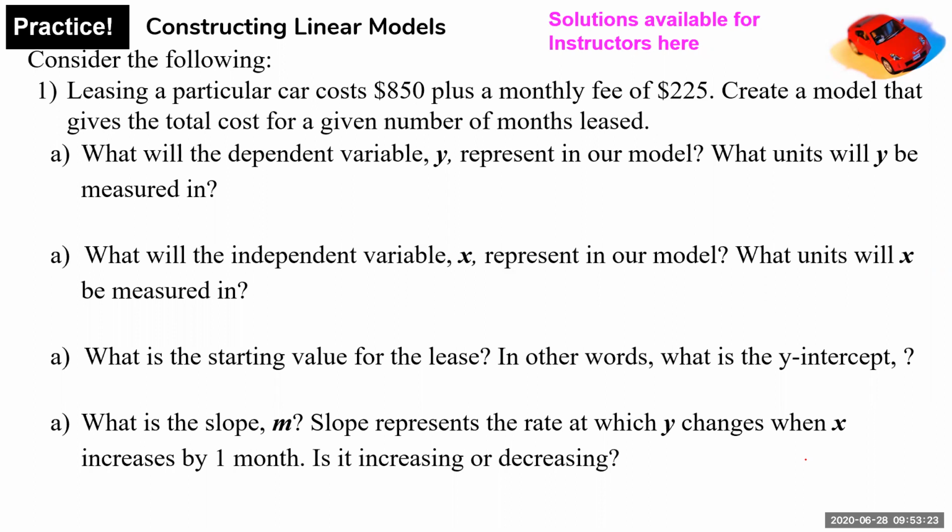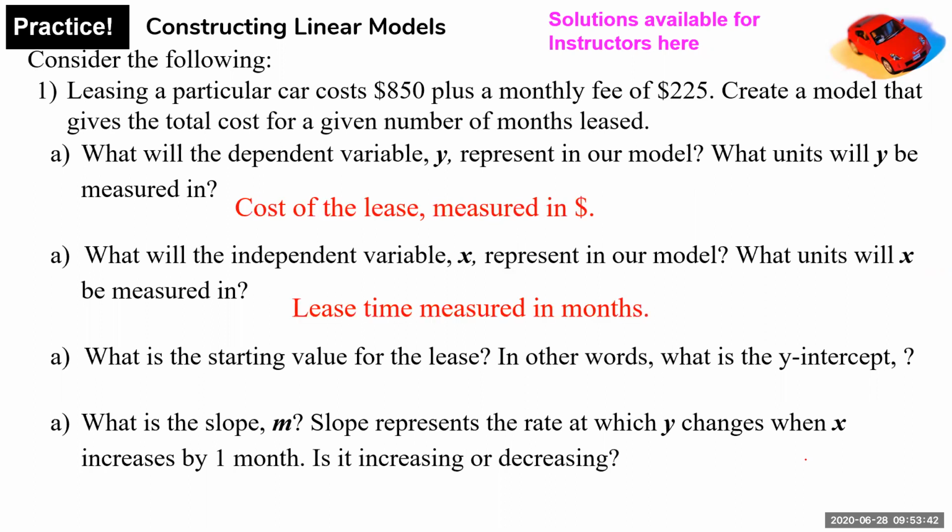Tell me. So you realize that the cost of the lease will be your y. Is that okay? And measured in dollars. Now, what will the independent variable represent in the model? The independent variable represents the lease time measured in months.